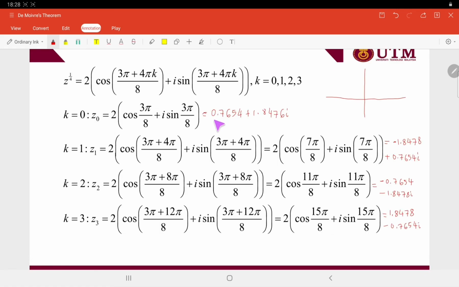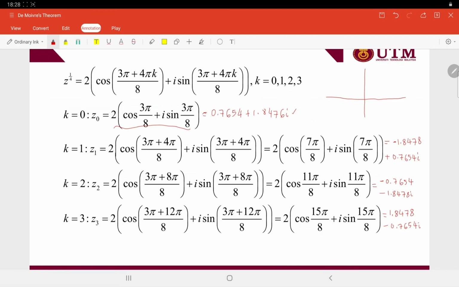You can also simplify all these answers in terms of this, where you have to make sure that your calculator is in radian mode, because you use radians, but if you use degrees, then make sure your calculator is in degree mode.